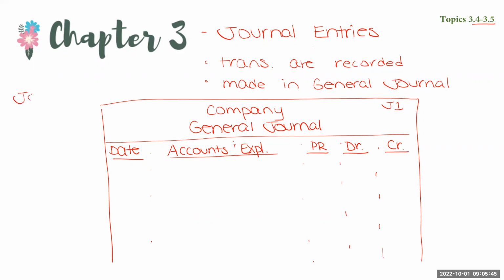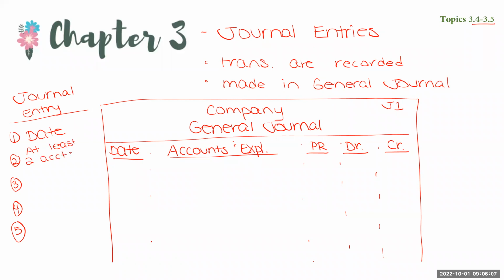All right, for a journal entry to be considered a journal entry, it needs to have 5 things. It needs to have the date of the transaction, right? Because we're organizing it by date. It has to have account titles, at least 2 account titles, at least 2 accounts.